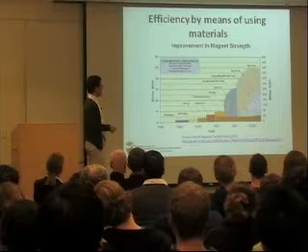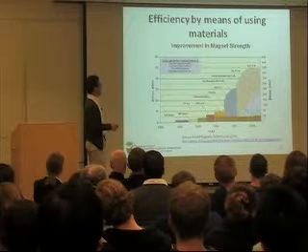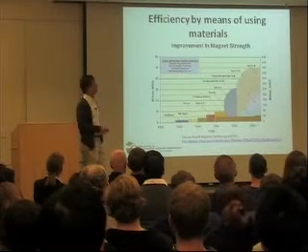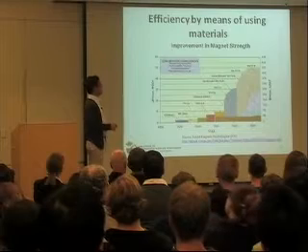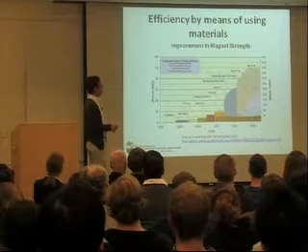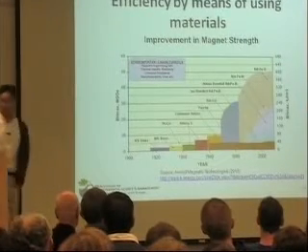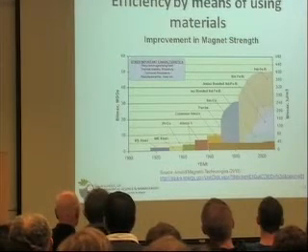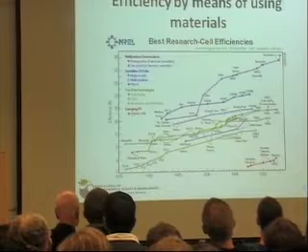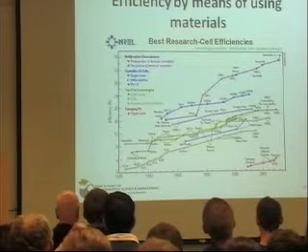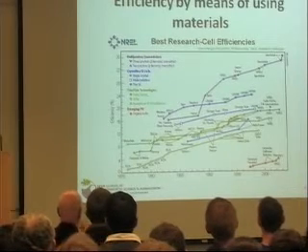As you can see, we have increased the magnet strength enormously over time, but it was achieved by means of using materials like samarium or neodymium and iron and boron type of materials. Similar examples can be found in photovoltaics.